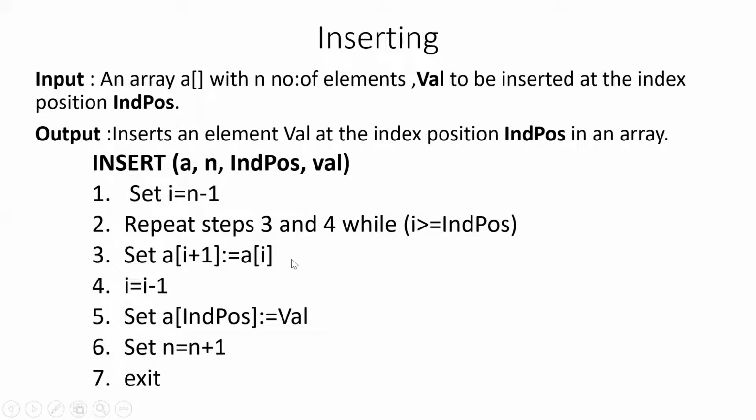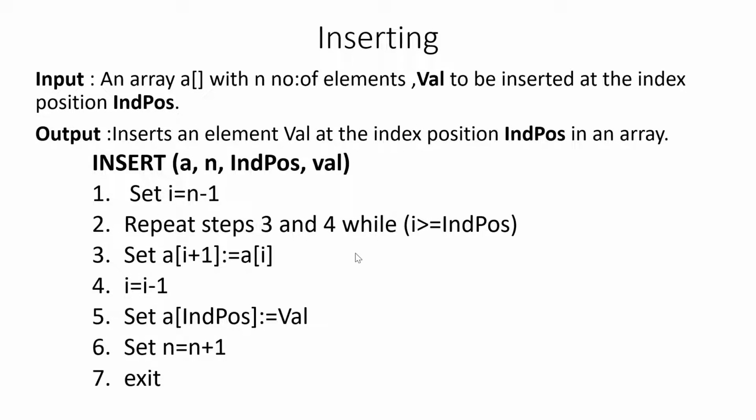After doing all these steps, each time we will be decrementing. Here the I value, initially we have set as the index number of the last number in the array. After that, we check whether the index position of the last number is greater than or equal to the index position where we have to insert the new number. If it is greater, we copy the number at a of I to a of I plus 1.